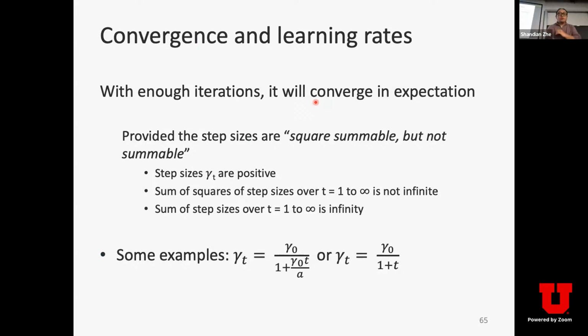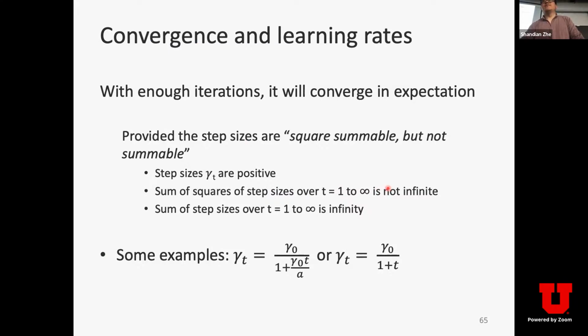So what does it mean to be square summable but not summable? It contains three points. First, every step size must be positive, non-zero. Second, if you compute the sum of squares of the step sizes over t from 1 to infinity, this summation must be bounded.